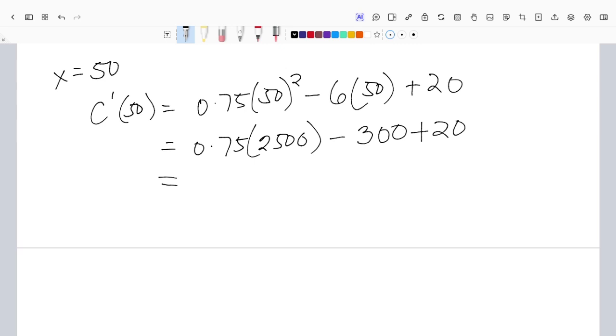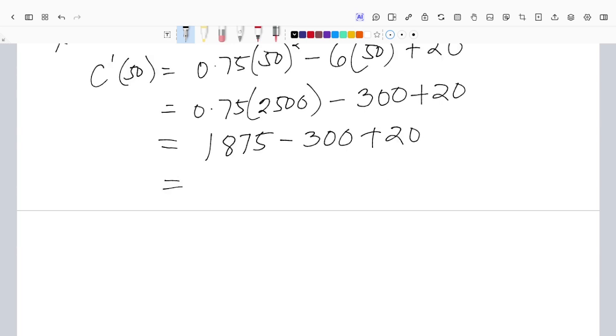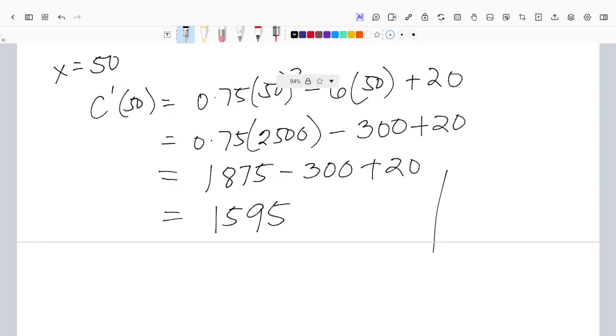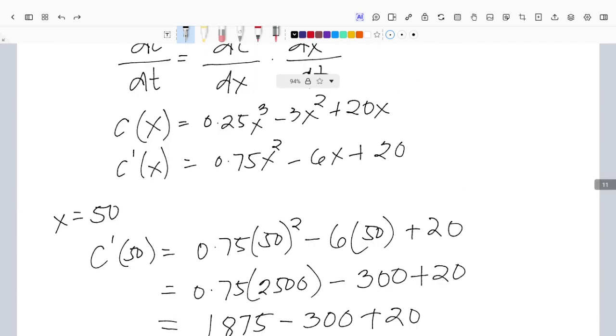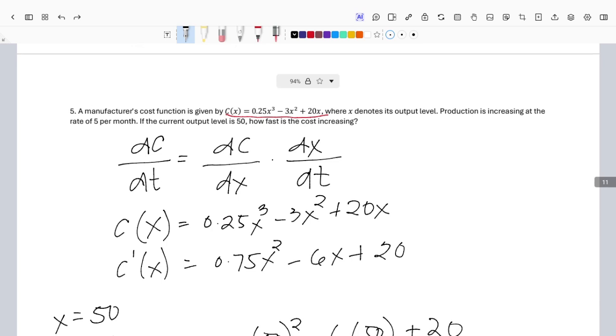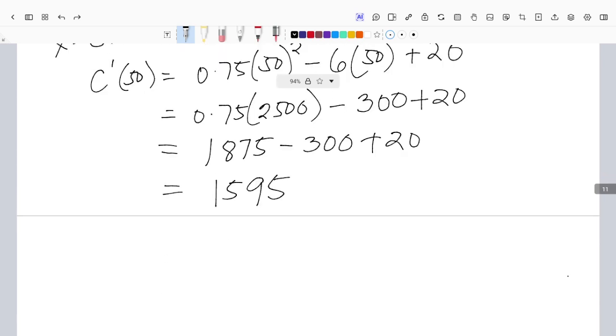0.75 multiplied by 2,500, we have 1,875 minus 300 plus 20. We got 1,595. Our problem requires us to use the given that production is increasing at the rate of 5 per month.